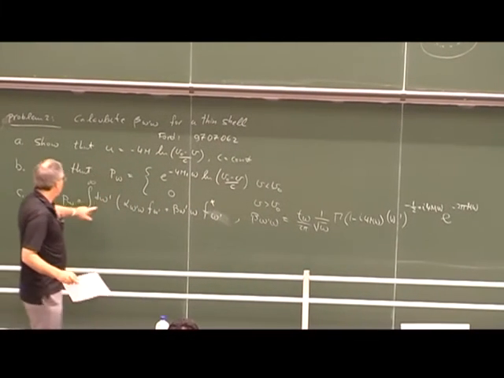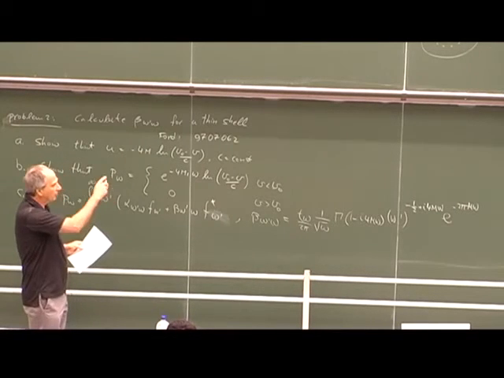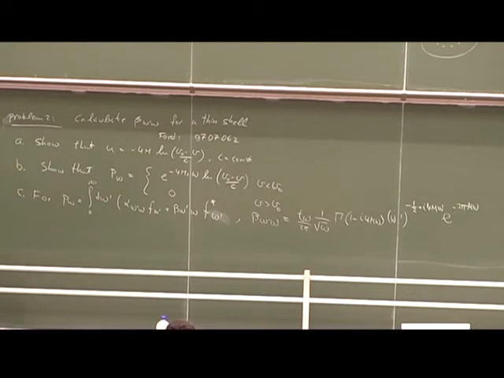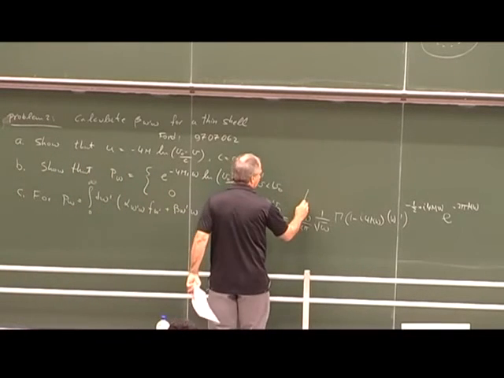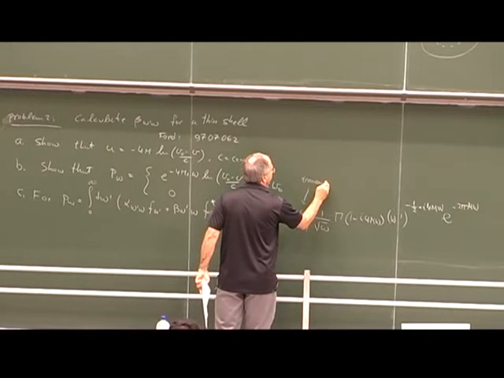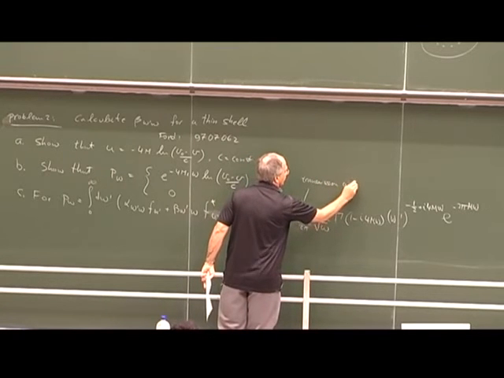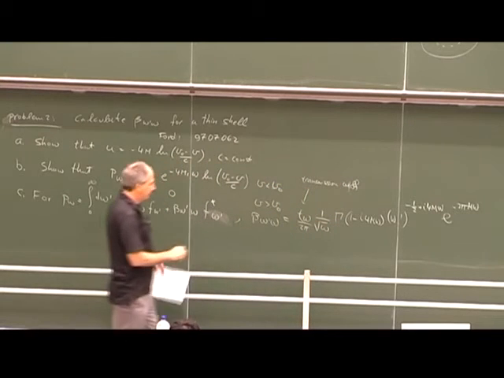So you basically need to do this integral with the P that you found before and get this result. And there will also be an overall phase factor, but that I forget. And T omega is a transmission coefficient, which I will not discuss.